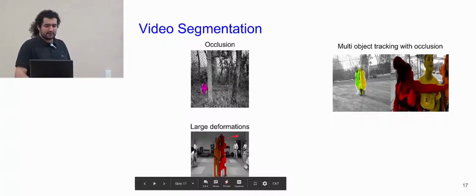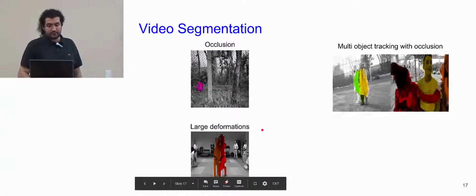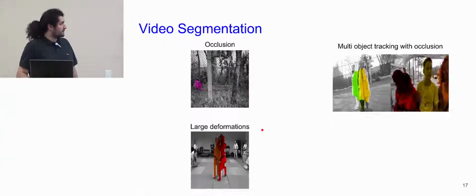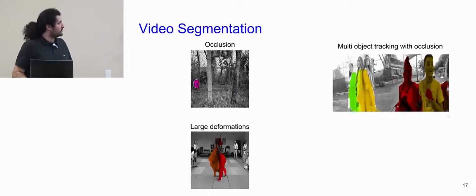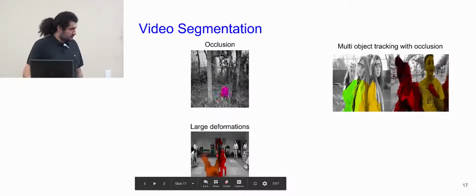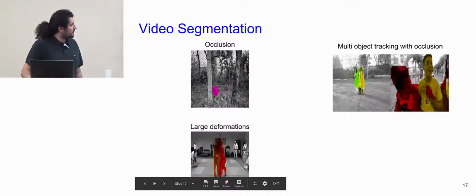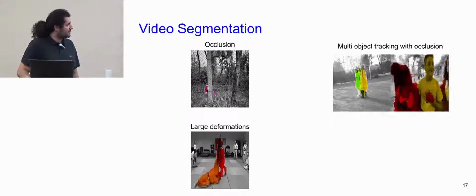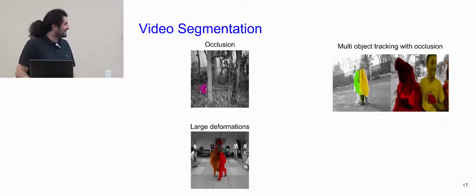Their method performs well even if large deformations exist in the videos, like that. In this one, one person is being put down like this, wrestling? I think they are doing some karate or something.